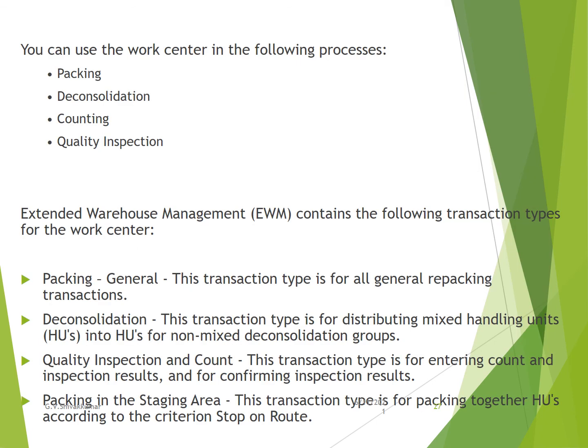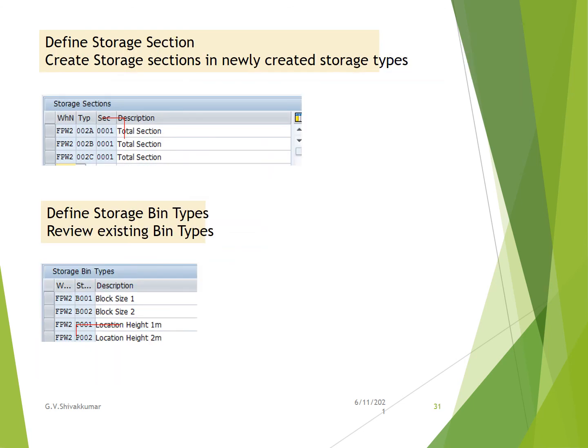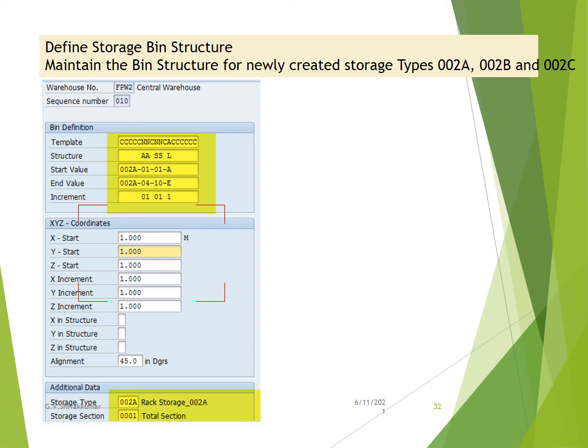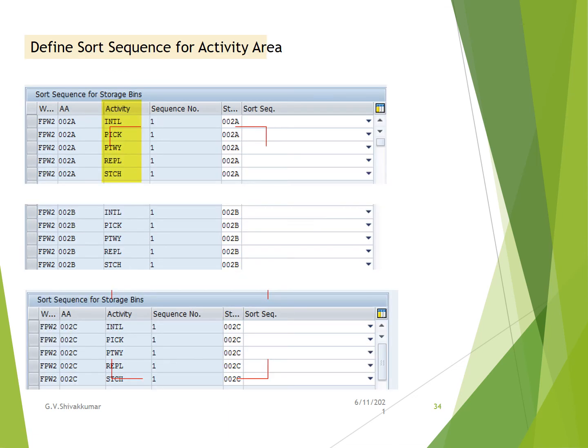Important, then the storage section, and then storage bin types. Then we can review the existing storage bin types, and then define the bin structure, and then define the activity area, assign the storage bins created to the activity area, and define the sort sequence for the activity area, meaning what sequence the bins are to be sorted.